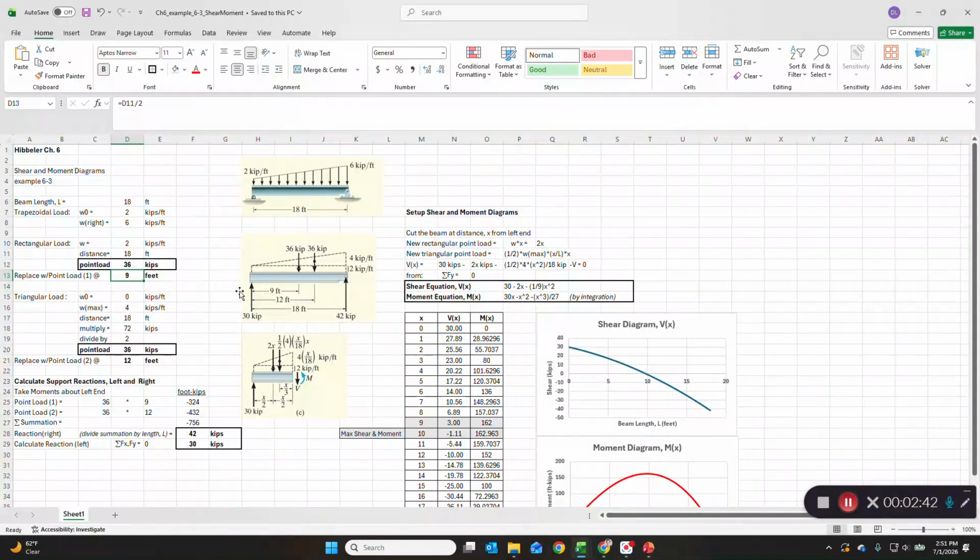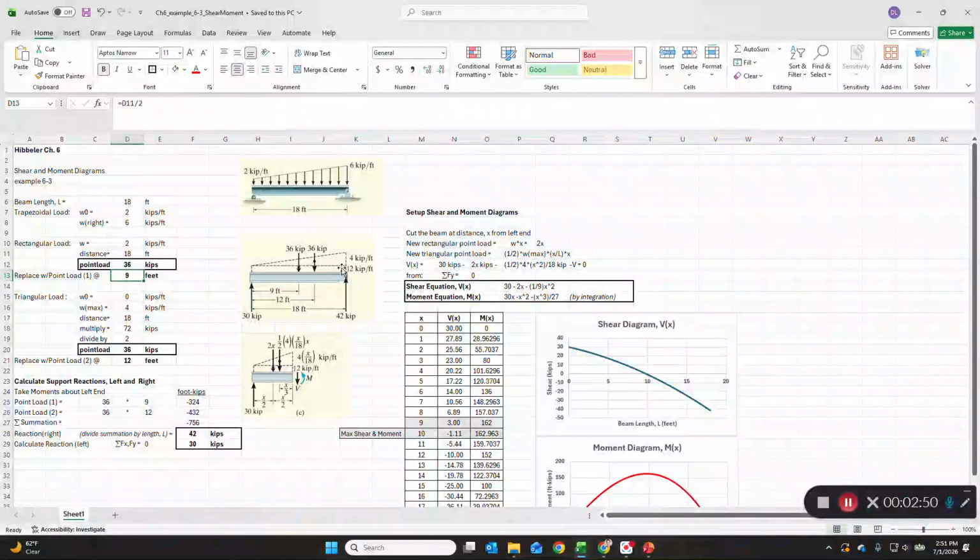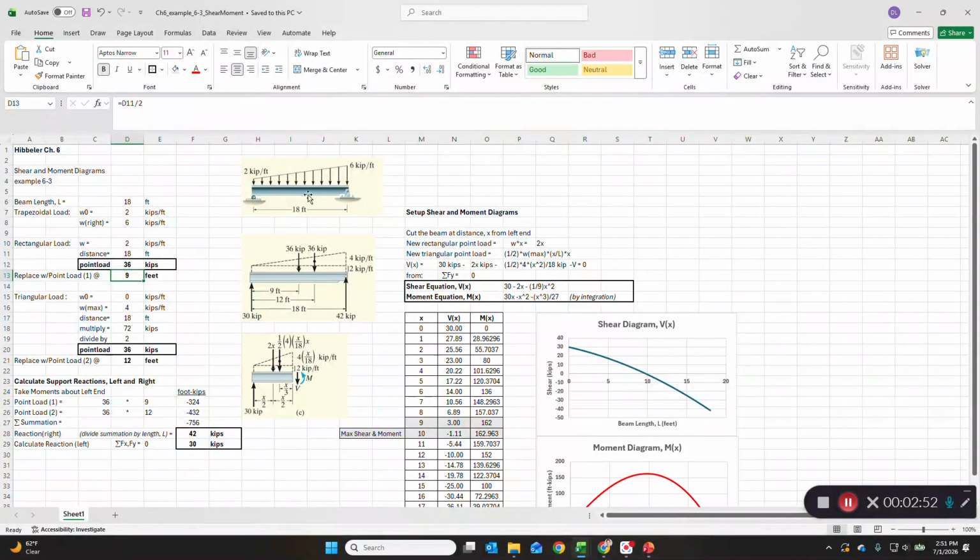The triangular load that remains then begins at 0 kips per foot on the left and increases linearly to 4 kips per foot. Where do we get those numbers? Well, if you subtract 2 kips per foot from both sides here, you get 0 and 4, and that then becomes a triangle because we have removed a rectangular uniformly distributed load of 2 kips per foot across the beam.